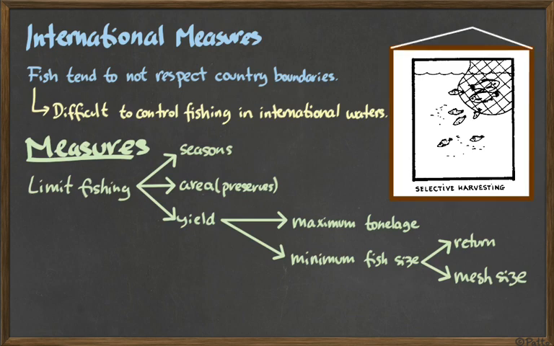The mesh has to be above a certain size, so the big fish are caught and the small fish are capable of escaping. If you have a proper study on the size of the mesh to catch a certain size of fish, you are capable of catching what's in there, and you limit how much is going to be caught.